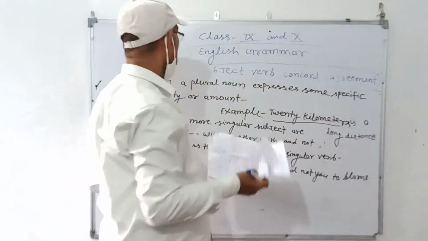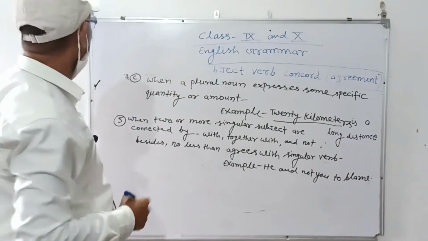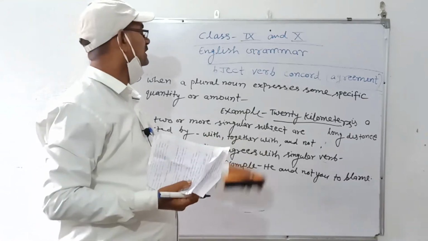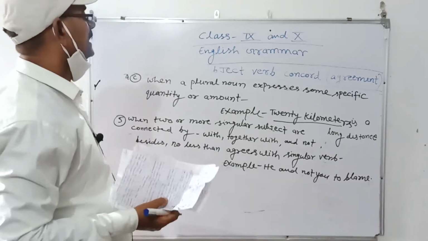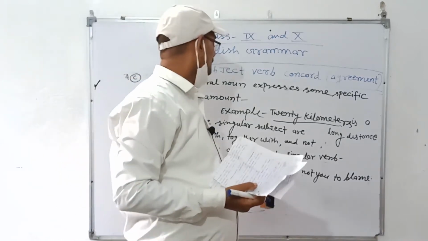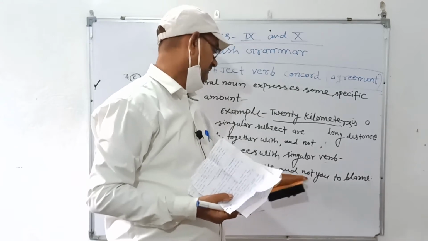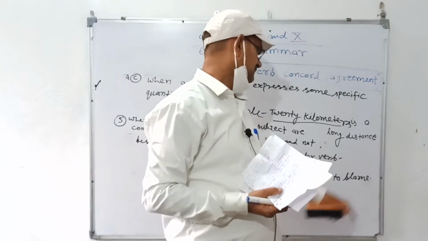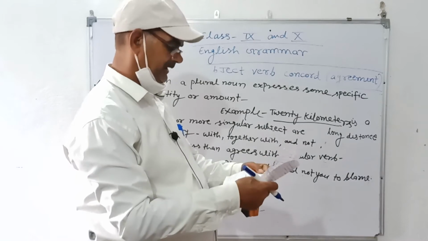According to this rule, where two or more singular subjects are connected with the help of with, together with, and not, besides, no less than, they agree with a singular verb. Here, in he and not you, both subjects are connected by and not.